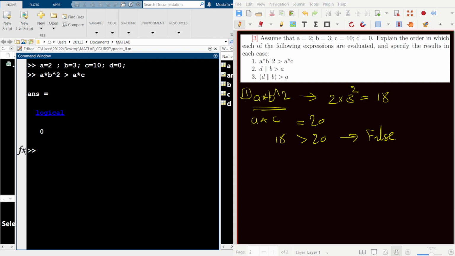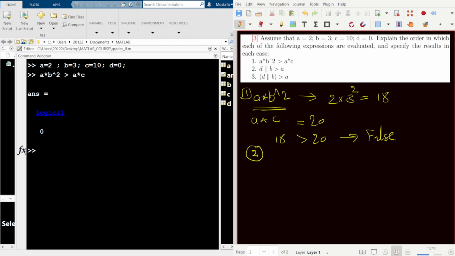So let's try to do the second calculation. In the second expression, we have relational and OR, and if you remember, relational has higher priority, which means I need to evaluate B greater than A, and that's basically evaluating 3 greater than 2, and that's actually true.